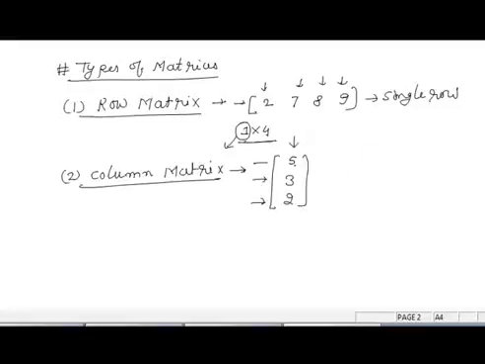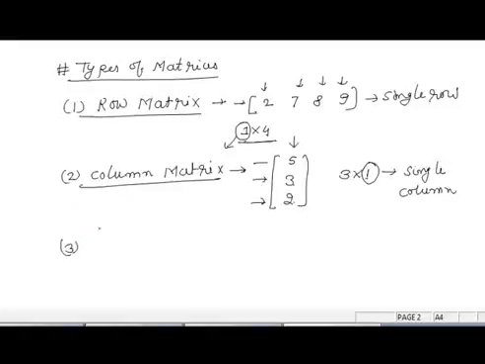This matrix has 3 rows and one column, so the order of the matrix is 3 by 1. Since it contains a single column, that's why it is called the column matrix.